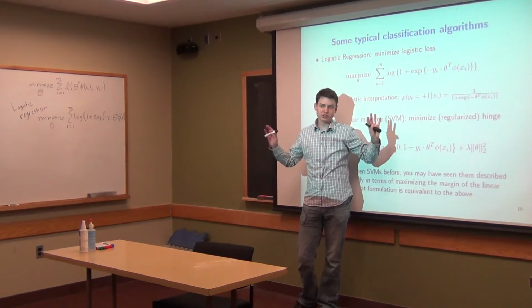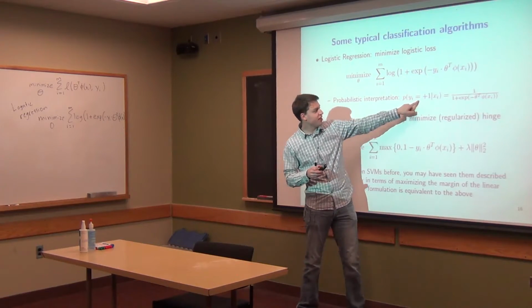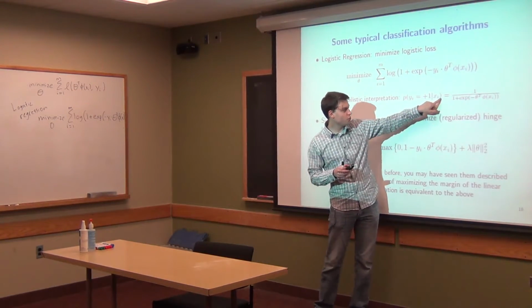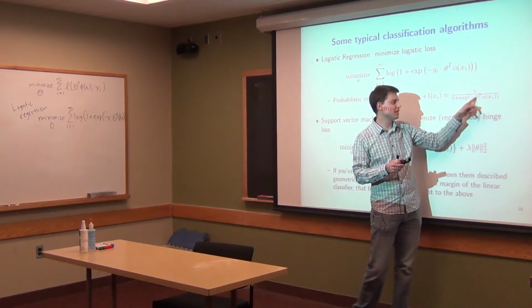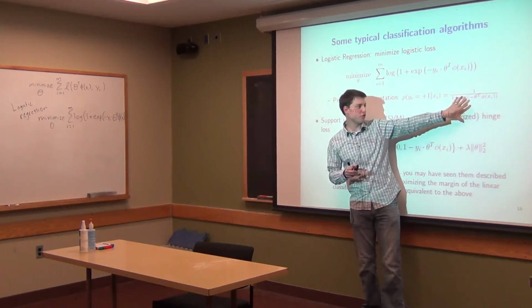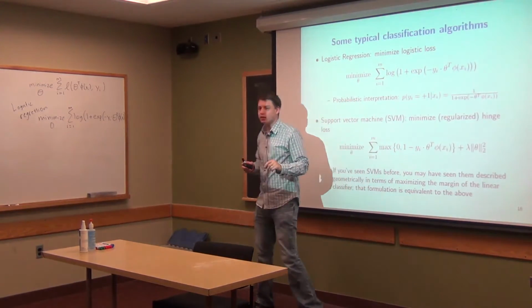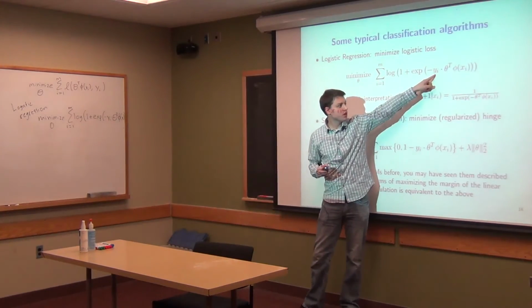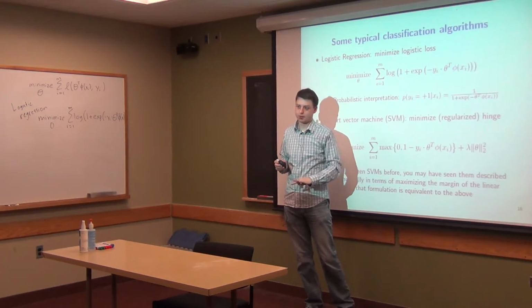If you haven't seen this sort of notation before, don't worry about it. But basically, under the assumption that this is how you model probabilities, so your probability of y given x equals 1 over some exponential here, and there's some justification for why you might want to do this, then this objective here is just maximizing the probability of your observed data.